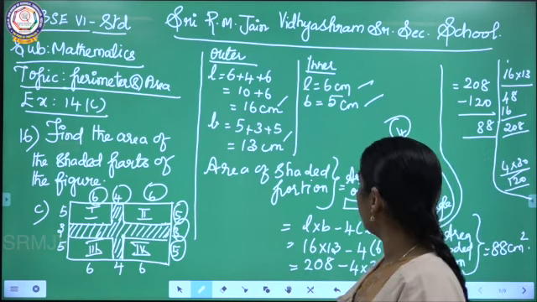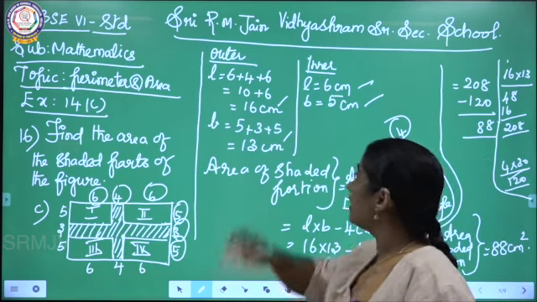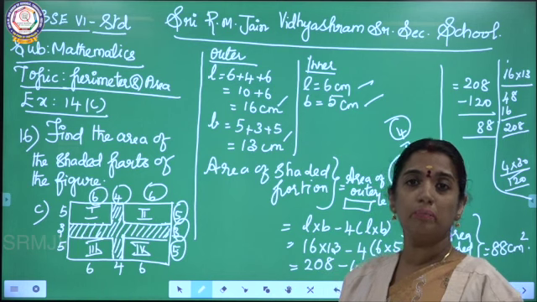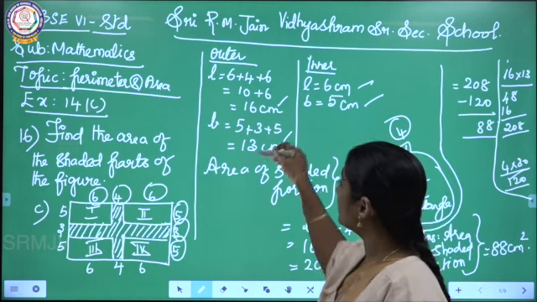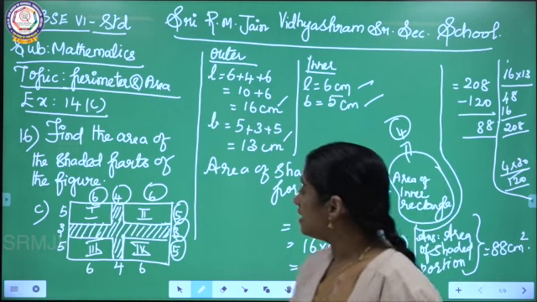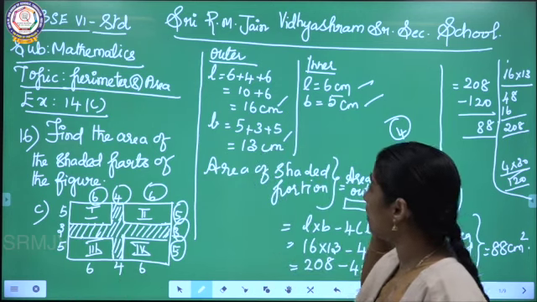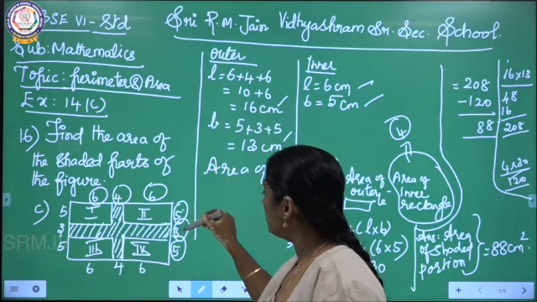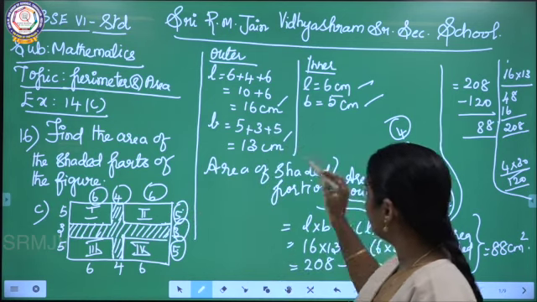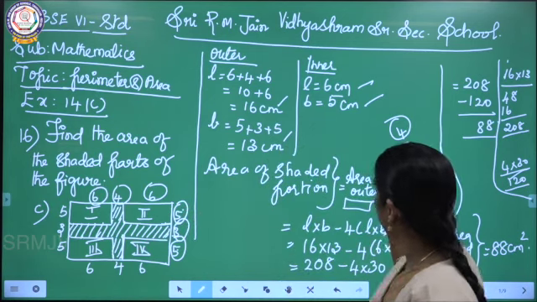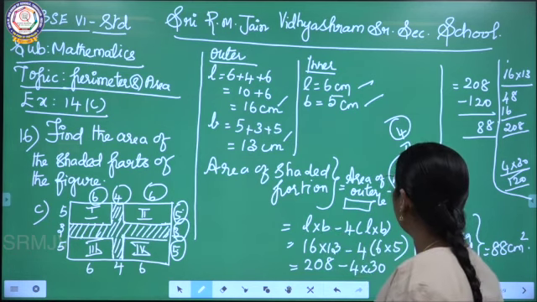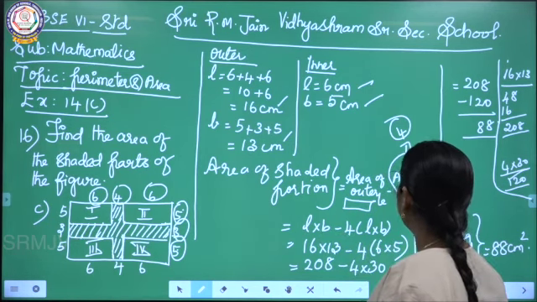So, listen children, I have just segregated the outer and inner length and breadth. See the length is 6 plus 4 plus 6, which is 16 centimeter, and breadth 5 plus 3 plus 5, which is 13 centimeter, and area of a rectangle, length into breadth, minus area of the inner rectangle.